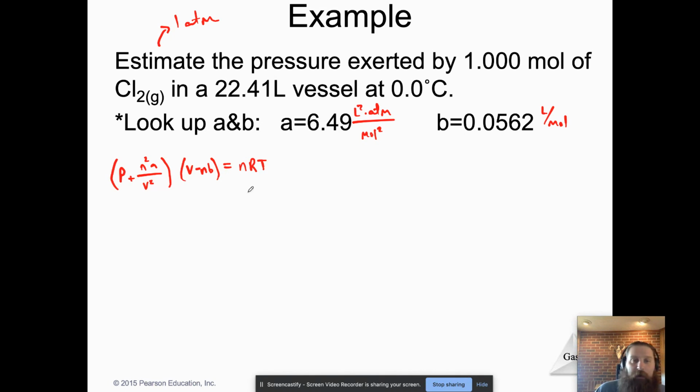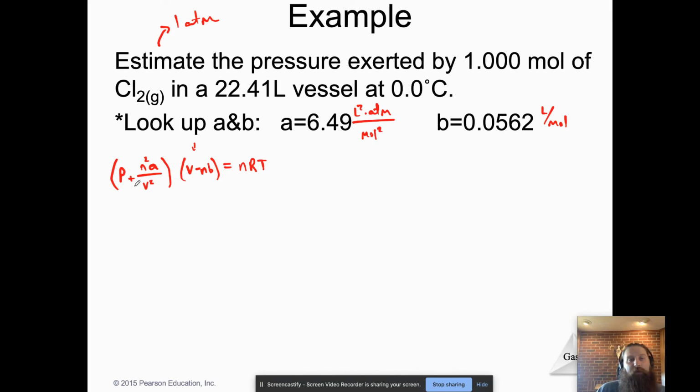And I want to solve this for pressure. So take a minute and try to solve this on your own. Pause me if you like. I'm going to write out the answer, but I would recommend you try to solve this for yourself. Now, what are we going to do? This is multiplied, so to get P alone, I need to divide nRT by V minus nB.